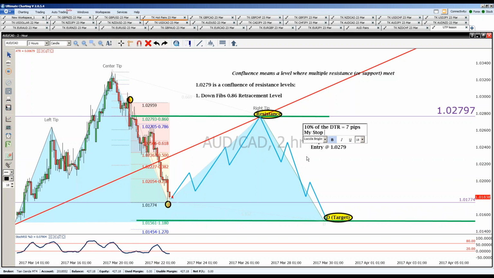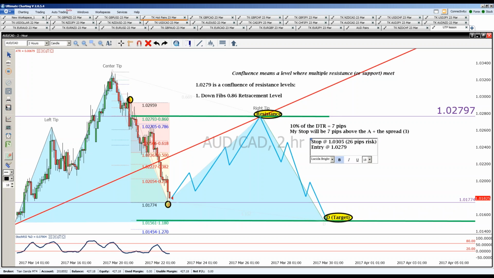Therefore, my stop will be 7 pips above the A plus the spread, and the spread is 3. So 10 pips above the A, I'm going to place my stop, and the A is at 1.0295, so my stop is going to be 1.0305, and that means I'm going to risk 21 plus 5, that's going to be 26 pips risk.